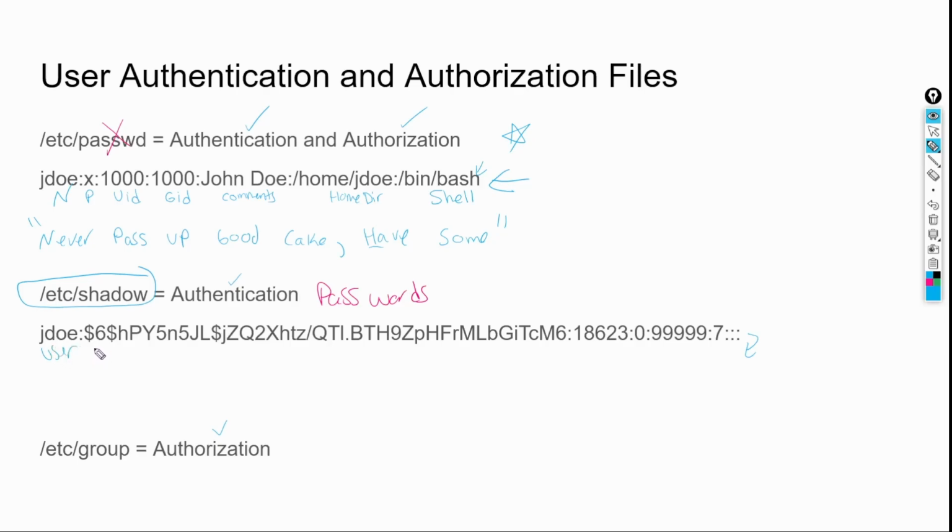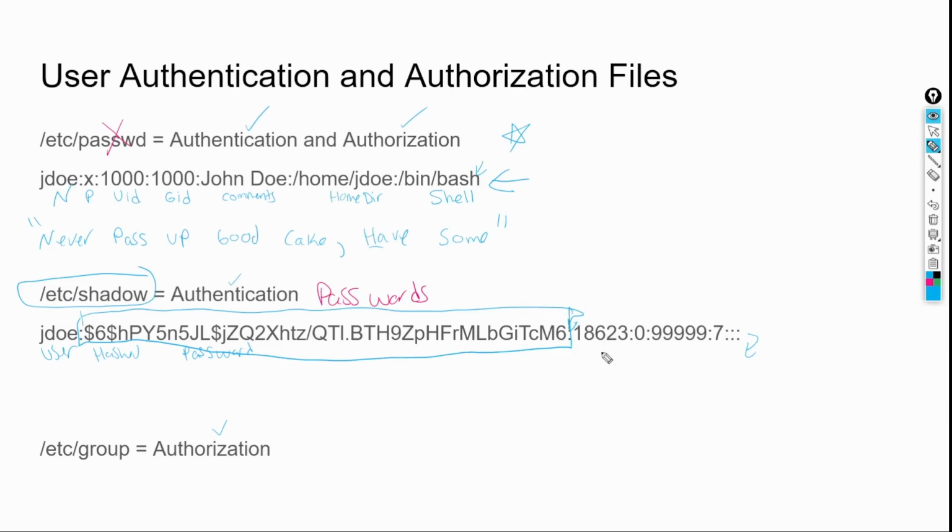After the username, the hashed password. Now remember, each field is broken out by where the colon starts. This is actually a condensed version to fit on the screen here. This colon goes all the way to the next colon value right here. So this entire string is the user's hashed password.